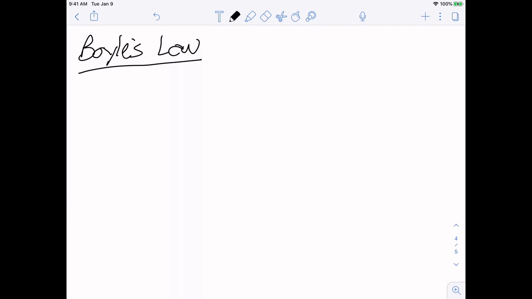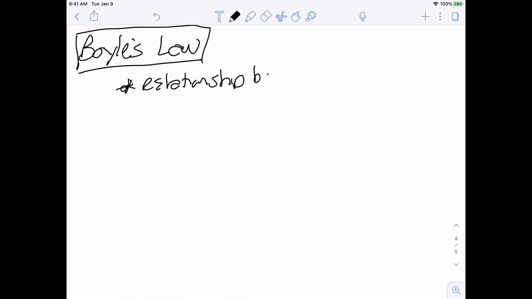Boyle's law looks at the relationship between volume and pressure. So volume, the amount of space that it takes up, and then pressure, the forcefulness of those collisions.